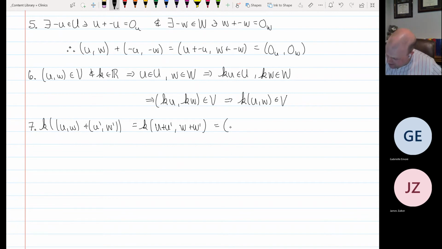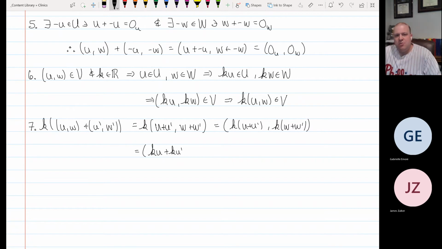By definition, it would be this. But U is a vector space, so we can write that first component, right, as KU plus KU prime.